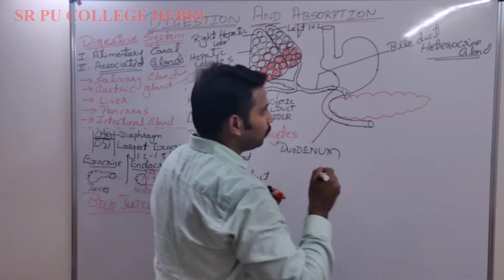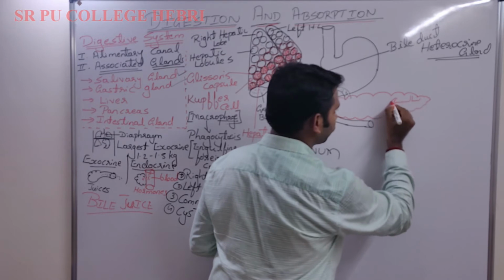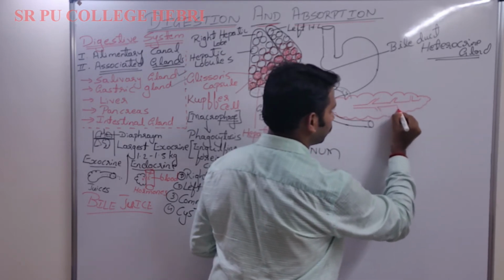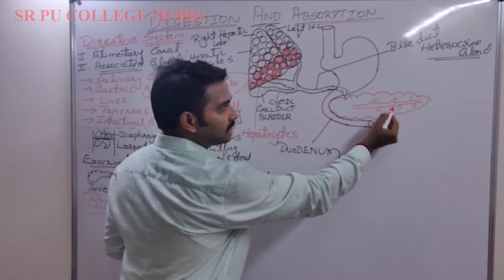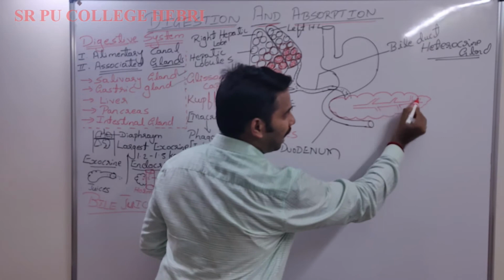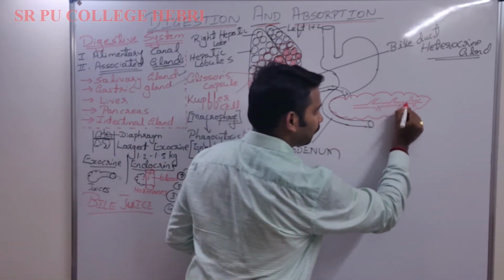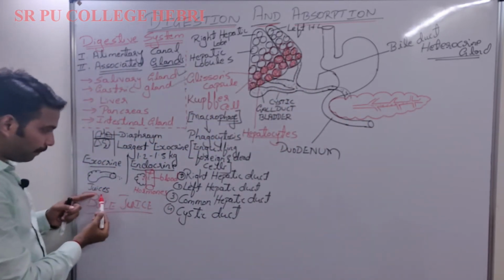Now try to understand. Inside this you will find a large number of such ducts. These ducts from different parts of the pancreas carry a juice. The juice is produced by which part of the pancreas?